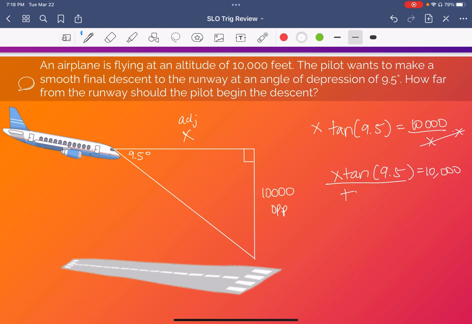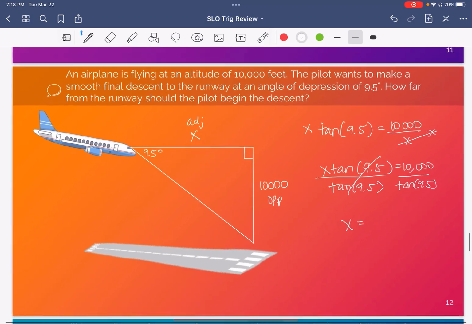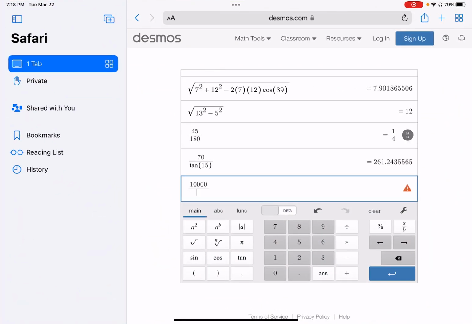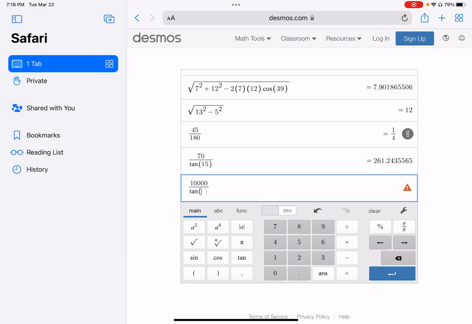And then divide out so you can isolate the variable. Those will cancel out. So we got to put 10,000 over tangent of 9.5, which is 59757.64.